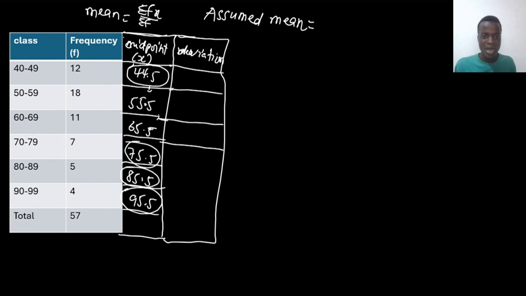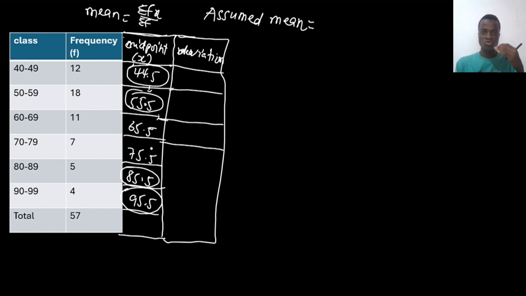At the end there are two items in the middle. So we move from the top and the bottom towards the middle value, and when we get to the middle, there are two items, 65.5 and 75.5. One of these should be the mean.